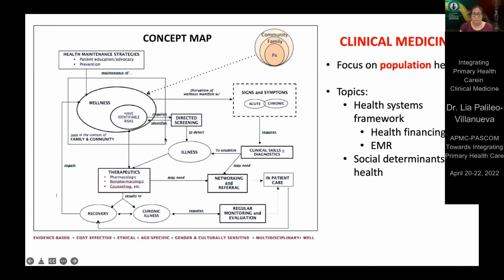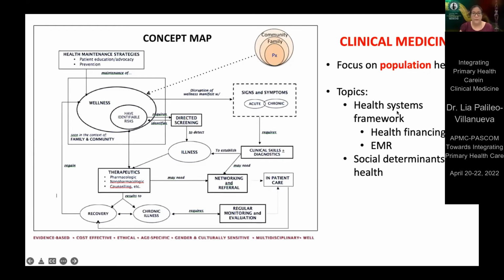We realize that individuals are not islands, and they are within their family and the larger community. So even if our course is primarily on clinical, individual-based medicine, it's important that we also provide some perspective on population health.